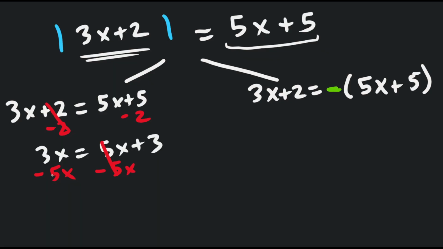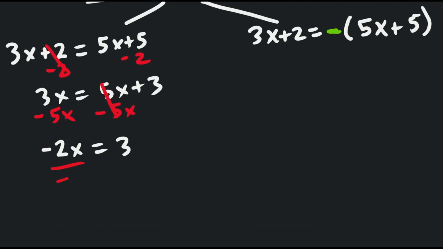And we have 3x minus 5x, that's negative 2x, equals 3. And then we will divide both sides by negative 2. X equals negative 3 over 2. Okay, so that's one answer, which we will test.